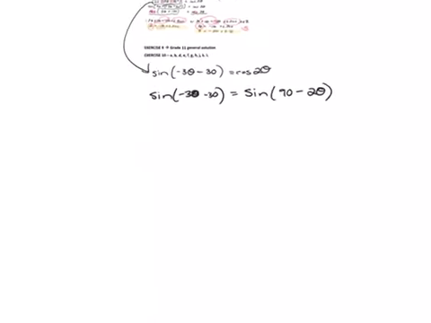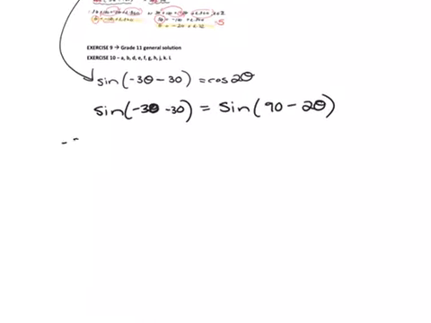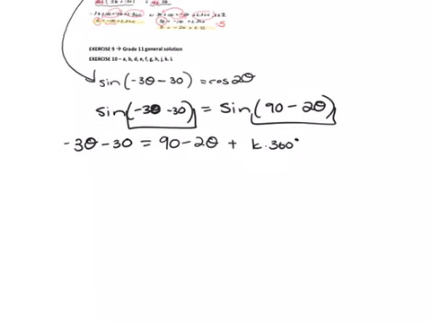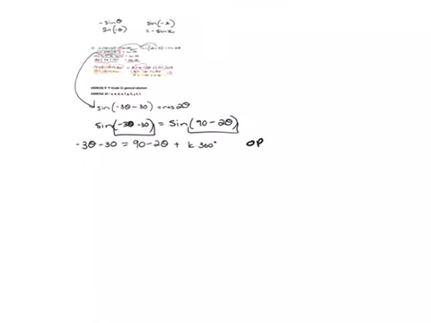Then I would drop the sines and apply my general solution. So it's always left-hand side bracket equals right-hand side bracket, and you apply your general solution, plus k360 degrees. But for sine, remember, we have an or.